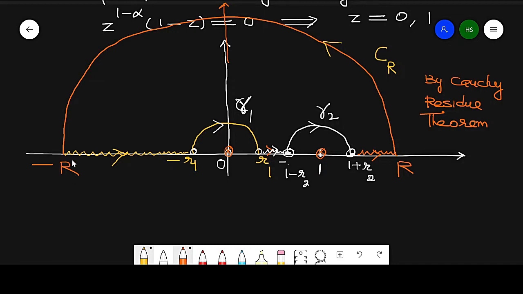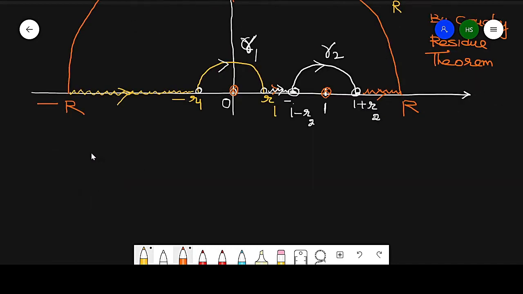So this integration is first from minus R to minus r2, minus r1, and this is a real line.